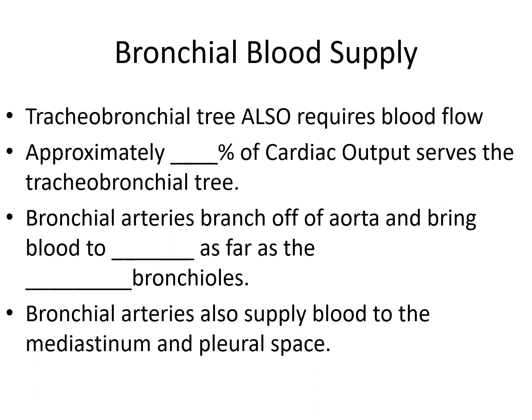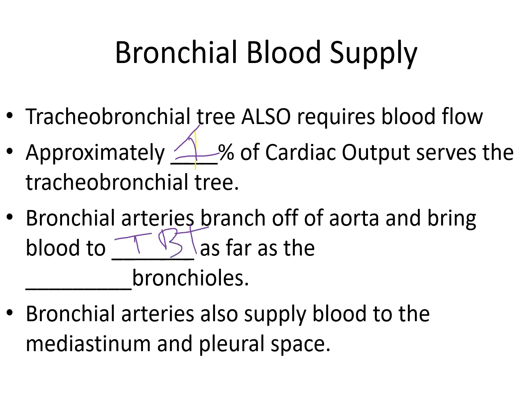Well, approximately 1% of the cardiac output will go to the tracheobronchial tree. So you have your bronchial arteries that branch off the aorta and bring blood to the tracheobronchial tree.